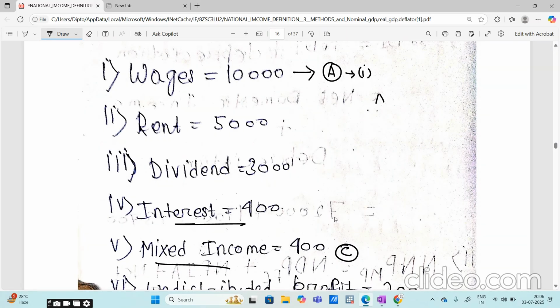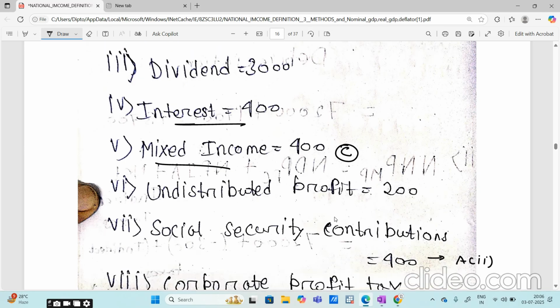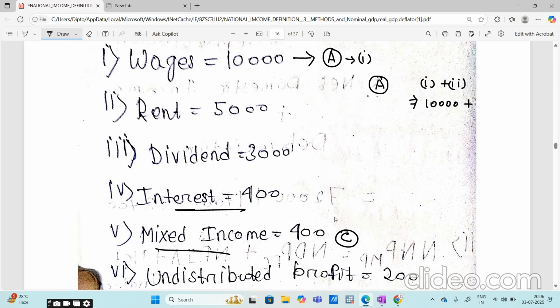So to get the complete part A, we have to add 1 with 2. Part 1 is wages, and part 2 is social security contribution, that is 400. So by adding 10,000 and 400, we get the entire part A, which is known as compensation of employees, and that will be 10,400.